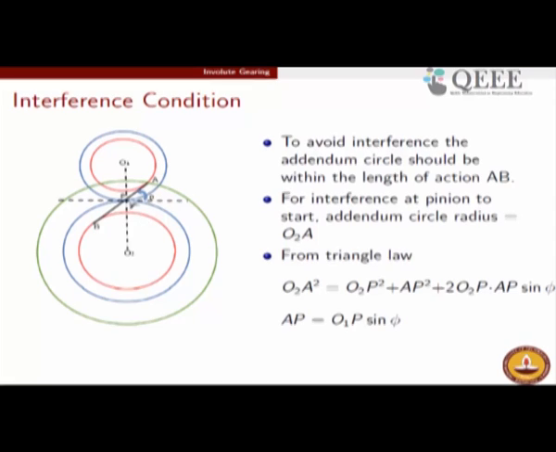The angle between AP and O2P is pi by 2 plus phi, because this is a 90-degree angle plus phi.